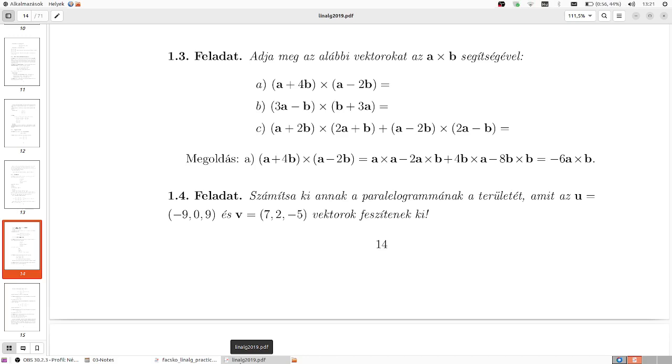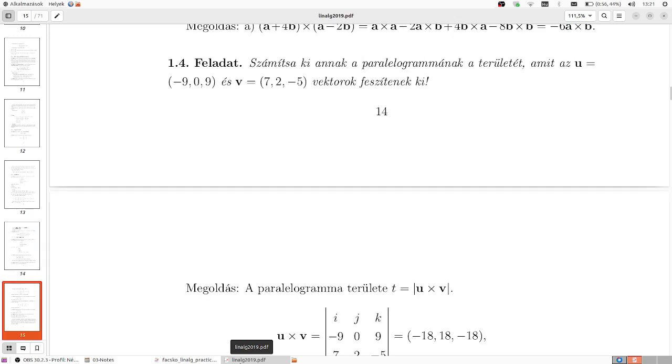The next is to calculate the area of the parallelogram whose sides are the vectors u and v.